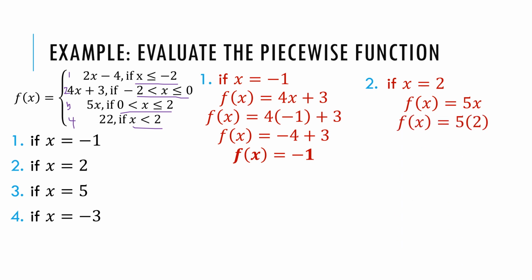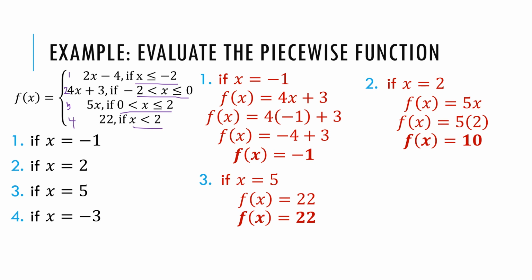Substitute natin, 5 times 2, the answer is 10. So, madali lang siya. Number 3, if x is equal to 5, what is the answer? Saang interval siya pasok? Or saang subfunction siya pasok? We have f of x equals 22. So, wala naman tayong isa-substitute dito. Wala namang variable. So, automatically, the answer is 22.